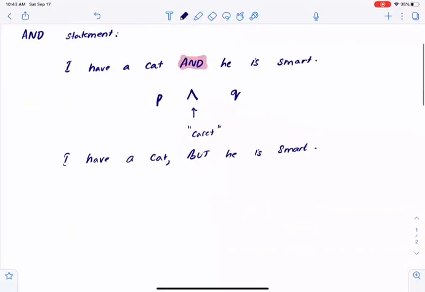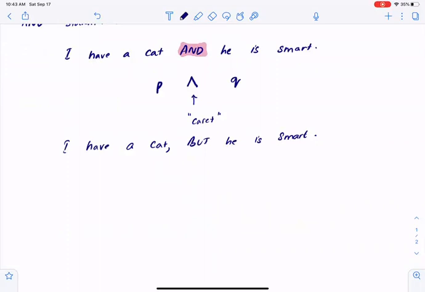I can go on and extend this to, I have a cat, yet he is smart. All these, the last two ones, are English. The very first one is what we use in formal logic.